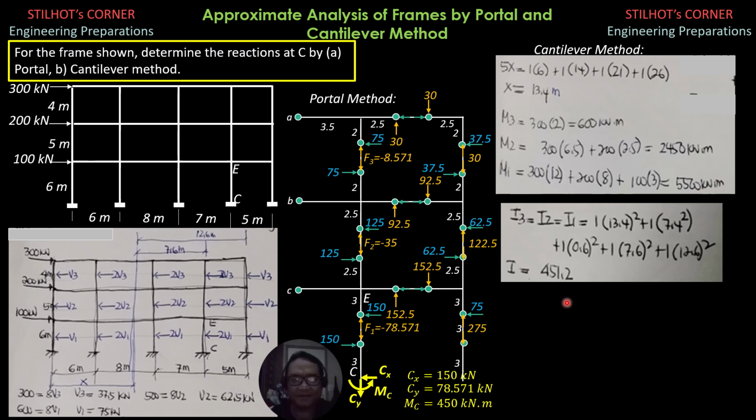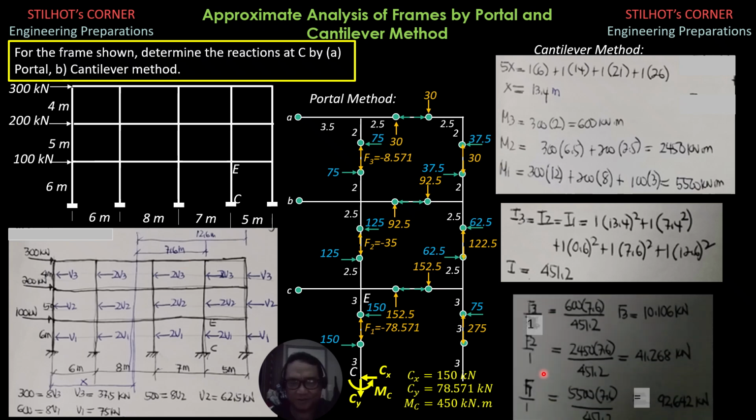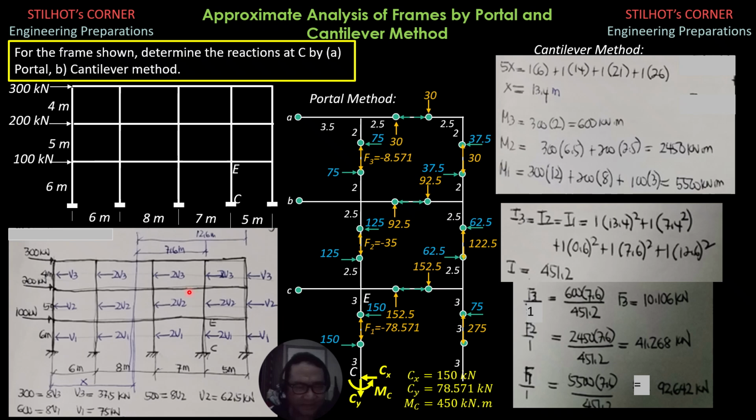Then by principle, F1 over area 1, which is 1, equals moment at level 1. By the way, we need the forces here: distance 7.6 divided by moment of inertia. So let's begin with F3.